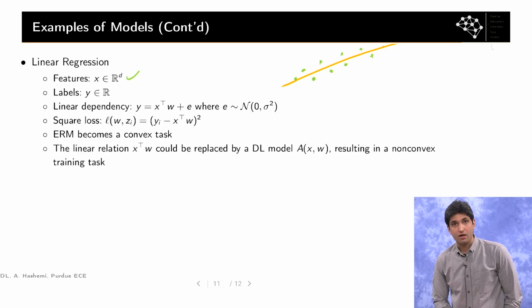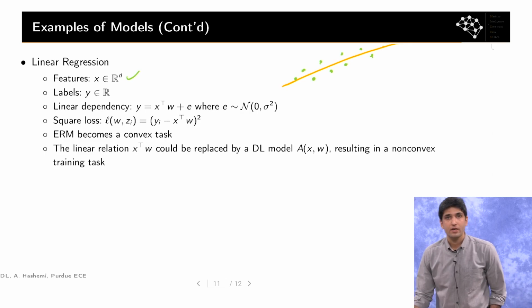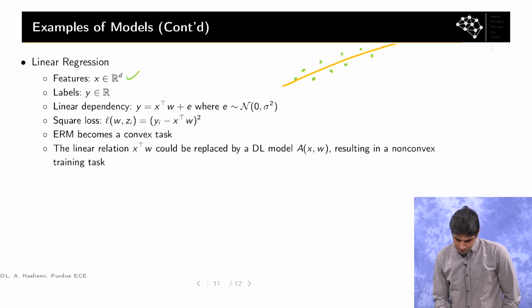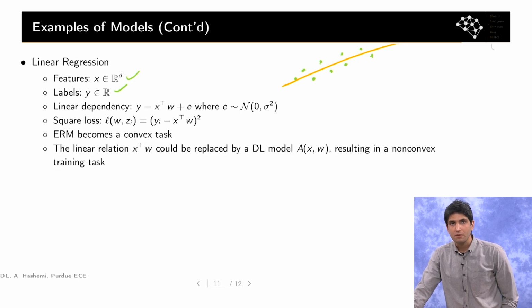Again, we have our features. X is a collection of features, okay? So in R^d, the labels now could, in general, be real valued, okay? So they're not necessarily +1 or -1, okay?